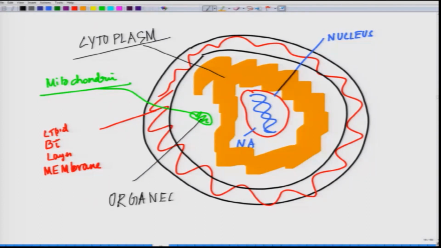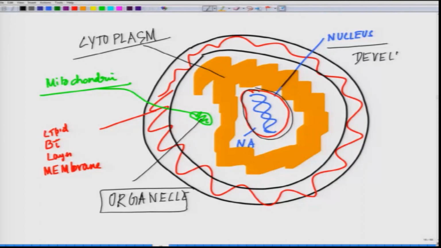Again, I am not going in depth because I want you guys to brush up your basics on this. And here you have the nucleus, which is regulating your development and heredity. All the different aspects of a unique cell type are conserved in this DNA.